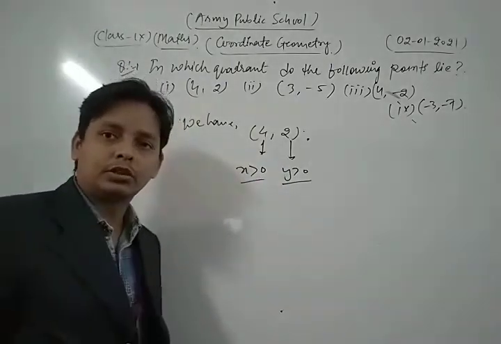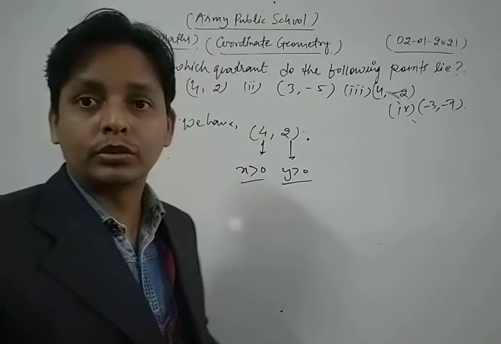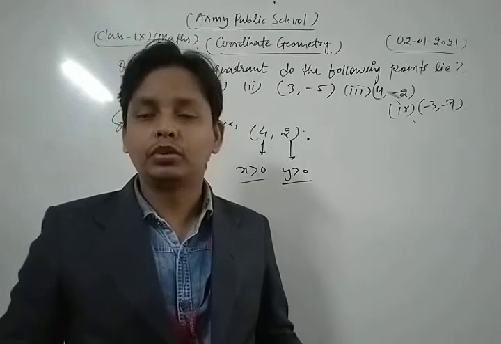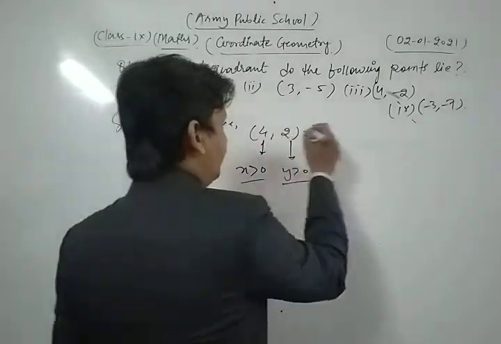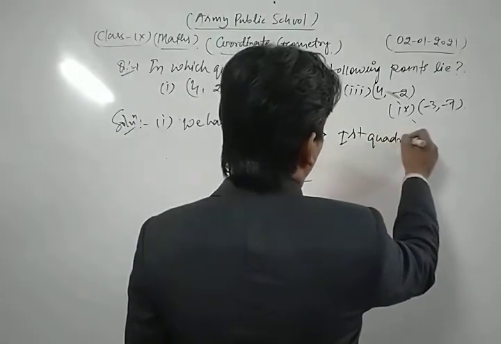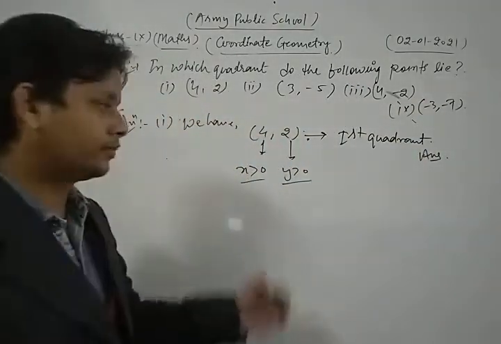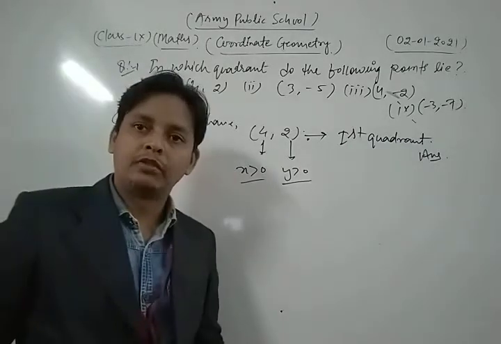As I discussed, abscissa and ordinate both positive is in the first quadrant. So the point (4, 2) lies in the first quadrant. Okay, so this is our first answer.